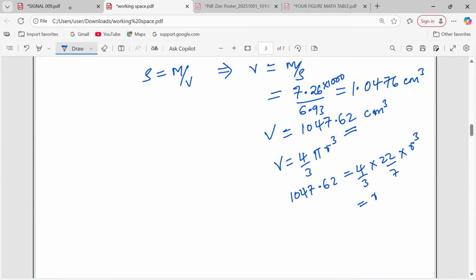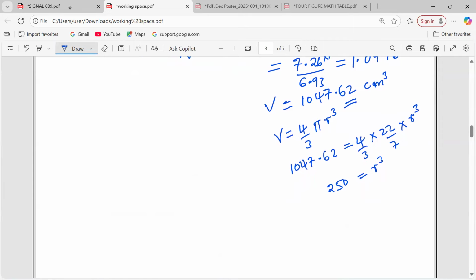We shall remain with an unknown r power 3 when we take 1047.62, multiply it by 3 and 7, then divide it by 4 and 22. I'm getting exactly 250. So if this is r power 3, then r itself shall be the cube root of 250.